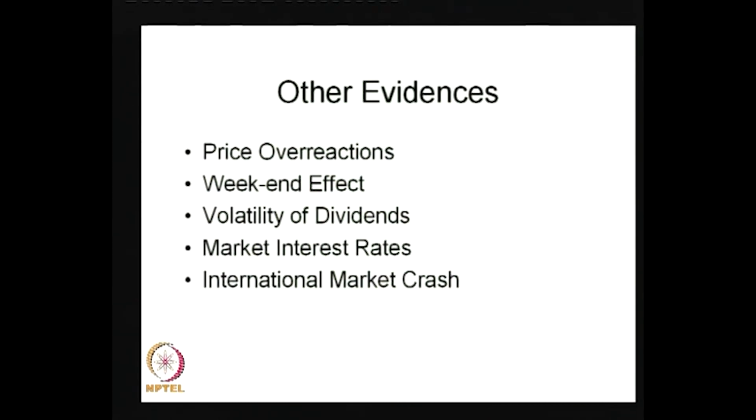Then the volatility of dividends. Sometimes we find that some of the companies pay very consistent dividends every year, and some of the companies do not pay dividends every year, or there is no consistent growth rate of dividends for those companies. From there also the investors can predict the potential of the company or the probable return from that particular company.